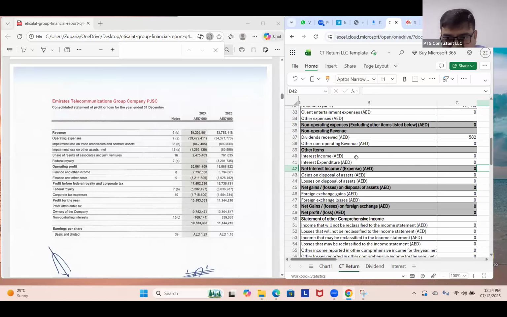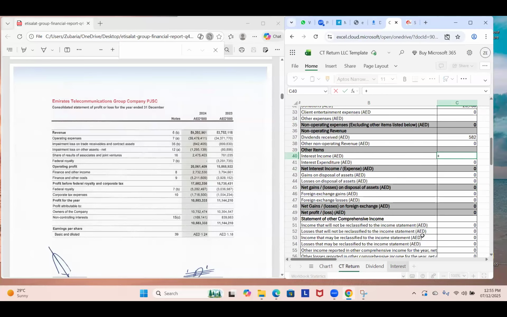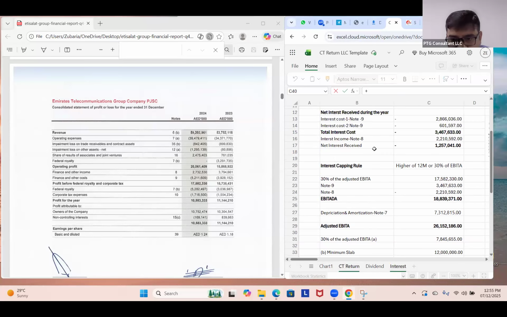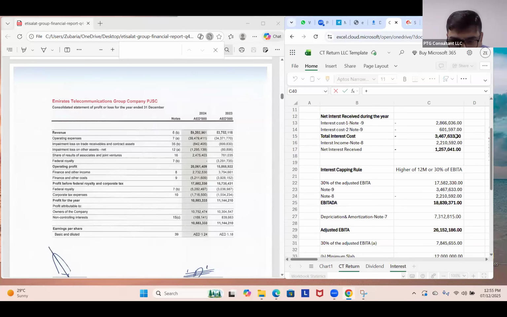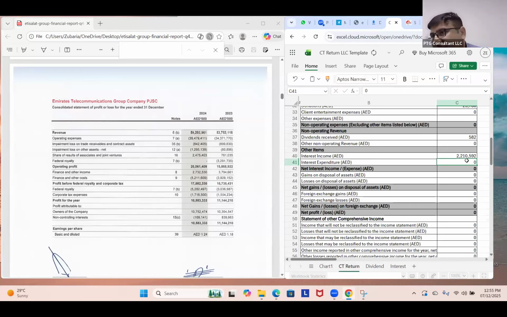But here we have to put the separate figures: income separate, expense separate. Interest income. See here, the tax return is looking for separate figures in terms of income and expense. It is preferred if our accounting system has the same chart of accounts, so we can easily pull the figures.